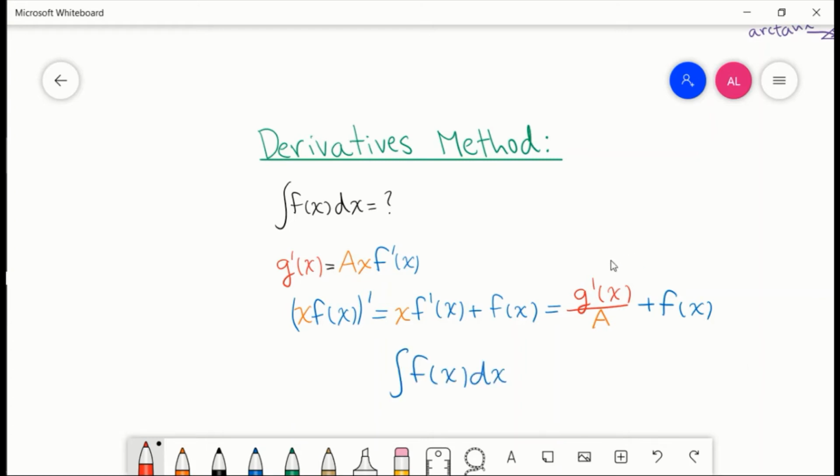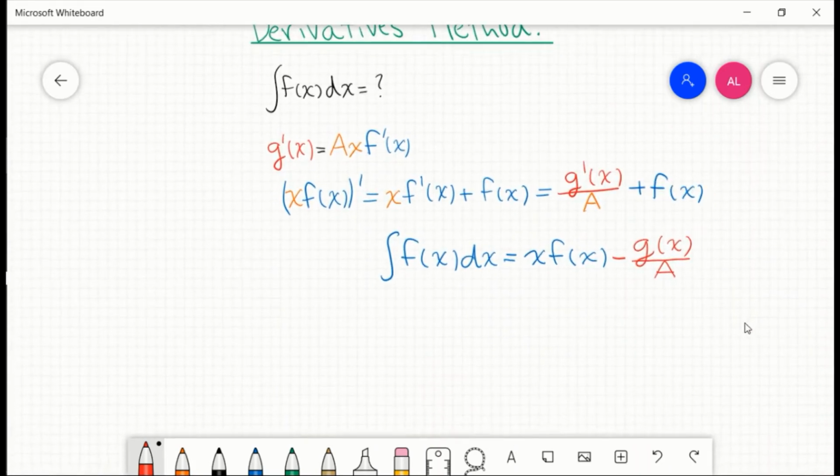So then if we take the integral of both sides of the resulting equation by the fundamental theorem of calculus, we get that the integral of f of x dx is equal to x f of x minus g of x over a. And again, there may not always be such a function g of x, but we hope there is.